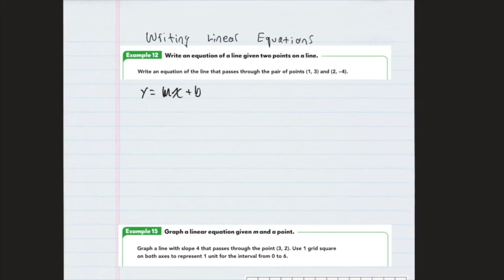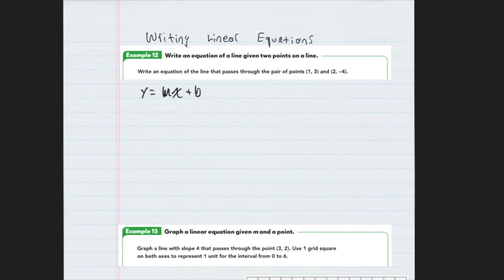In this case, I'm not given either, so I have to find at least one of them. Now, when I'm given 2 points, I can try and see if the y-intercept's there. Remember, the y-intercept occurs when x is 0. So do either of these points have the x value as 0? No, no. So I can't do that.